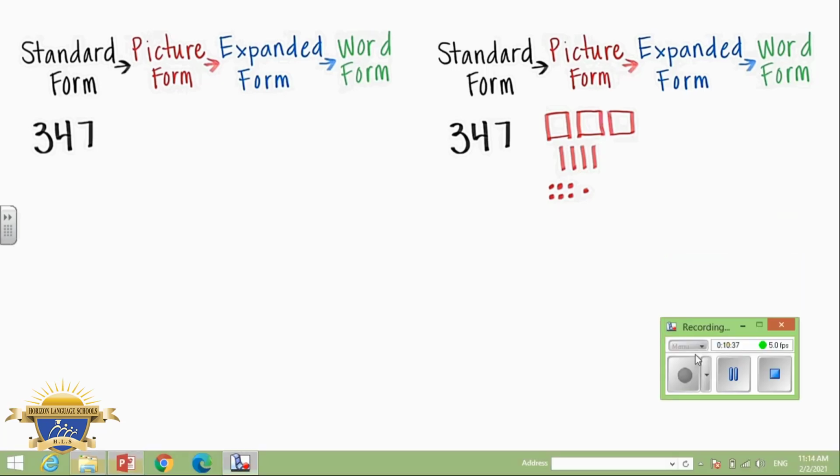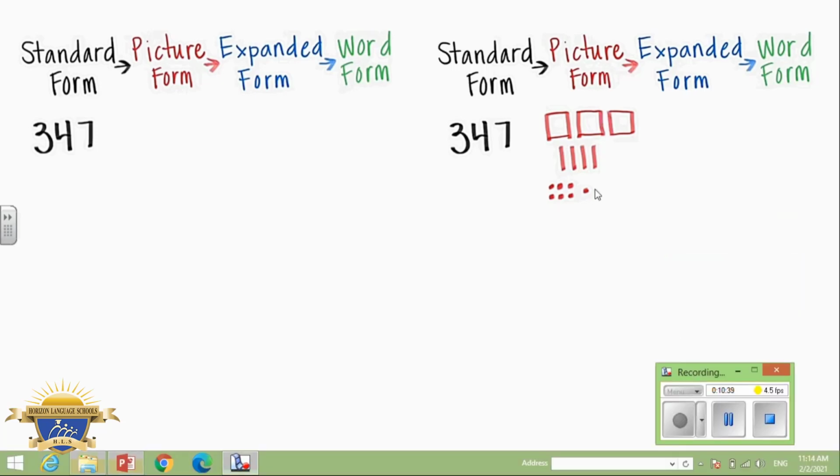Okay? For expanded form, we said that the expanded form is the value of each digit. The value of ones is the same number. The value of tens is the number and 1, 0. The value of hundreds is the number and 2 zeros.